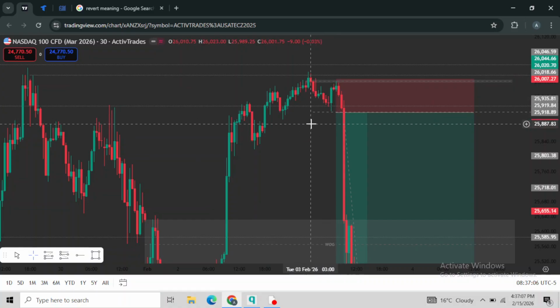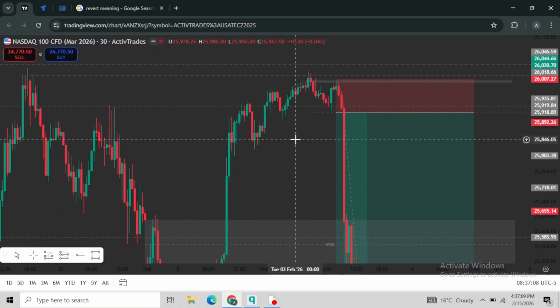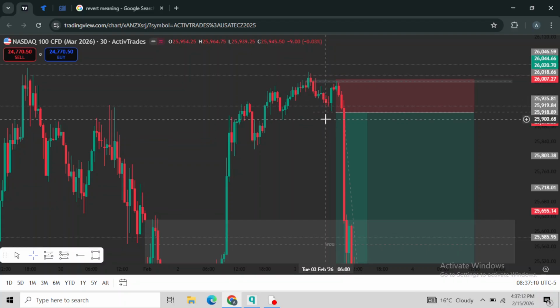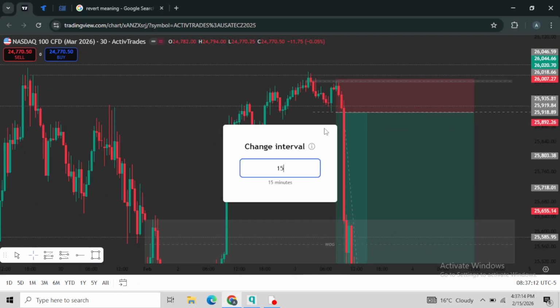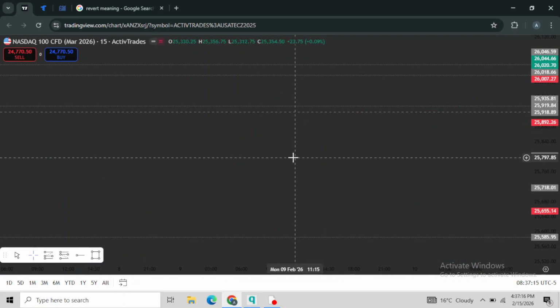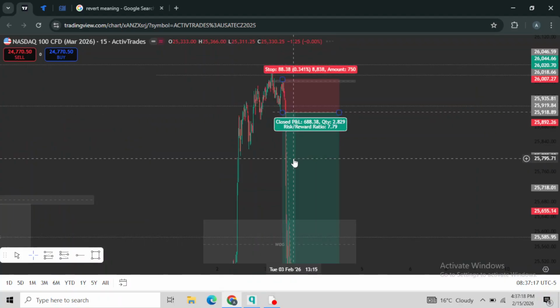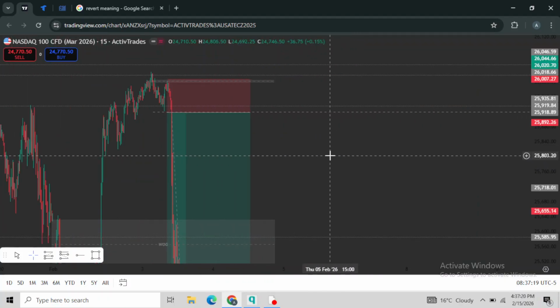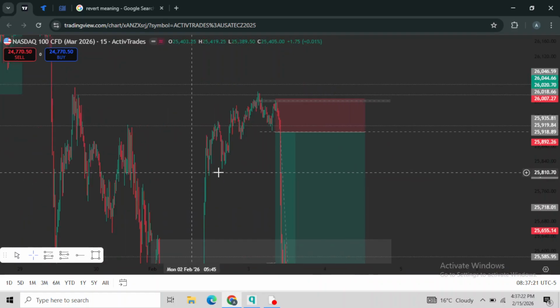Going lower, it makes a higher low. We go to the 15 minutes. And here it is.